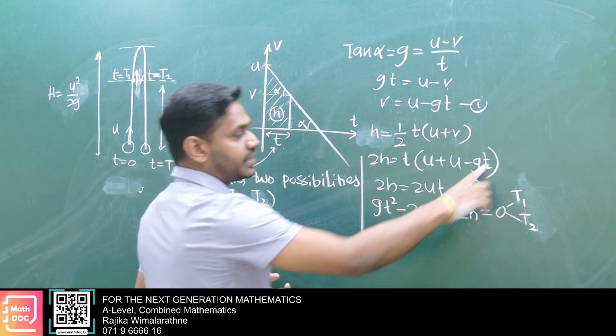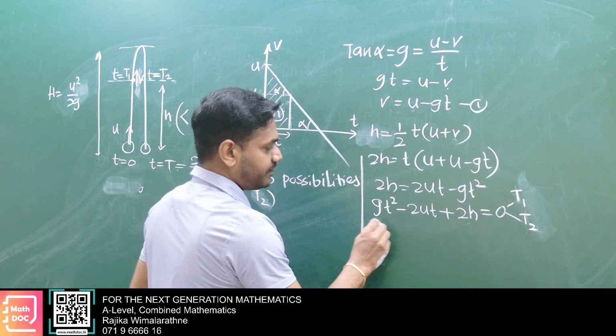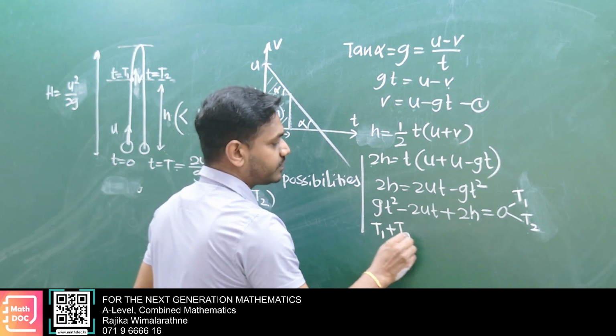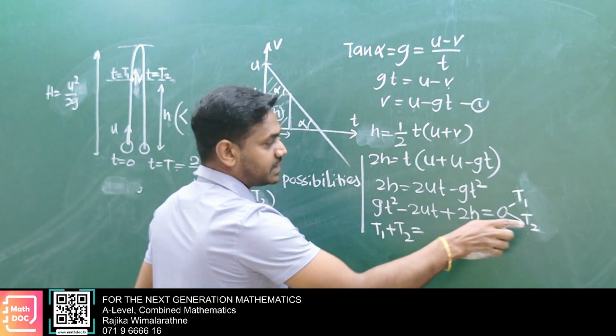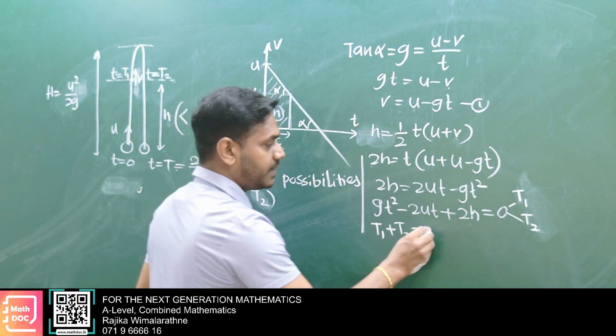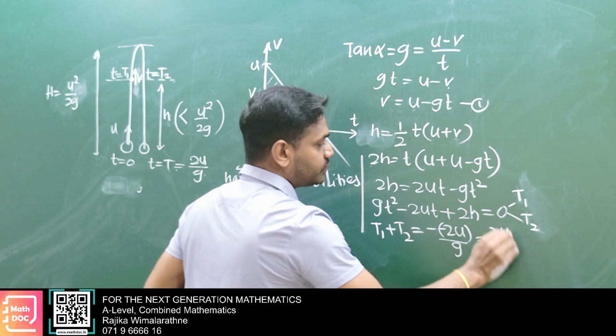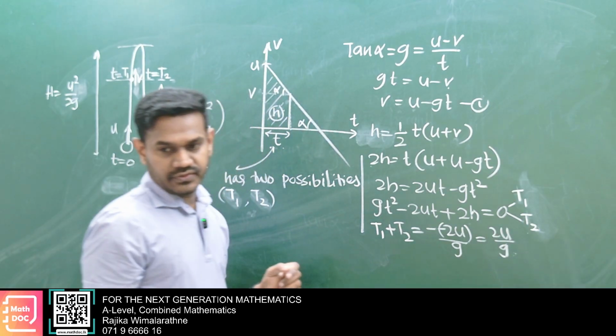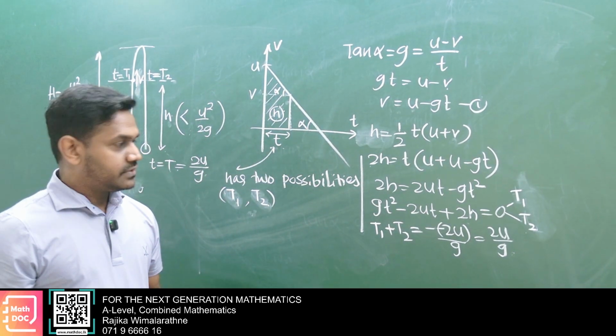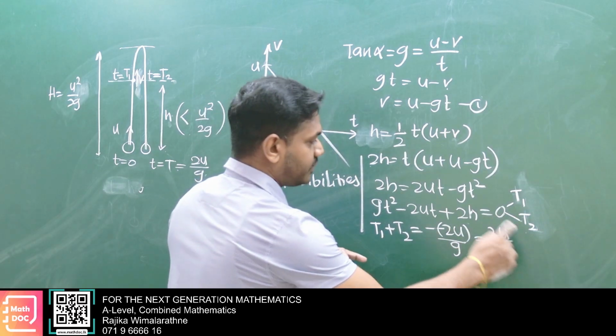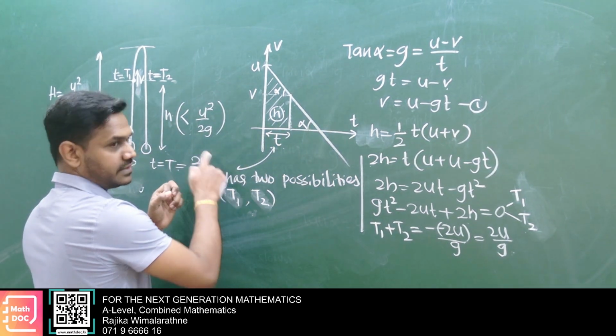So we know for a quadratic equation we have root relations. T1 plus T2 equals minus B divided by A, that is minus of minus 2U divided by G, so 2U divided by G, no? Now you see 2U divided by G, we know that is the time of flight.